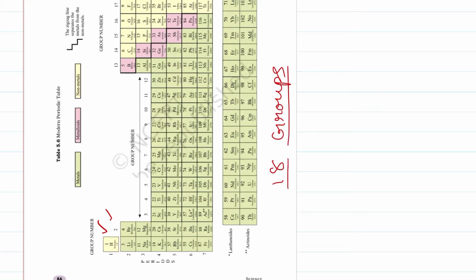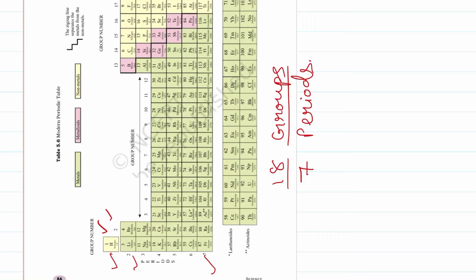Elements belonging to the same group have the same properties. Now, if you see, the numbers are given in vertical lines as well. Now in the rows, you have 1, 2, 3 till 7. So there are 7 periods or 7 rows.